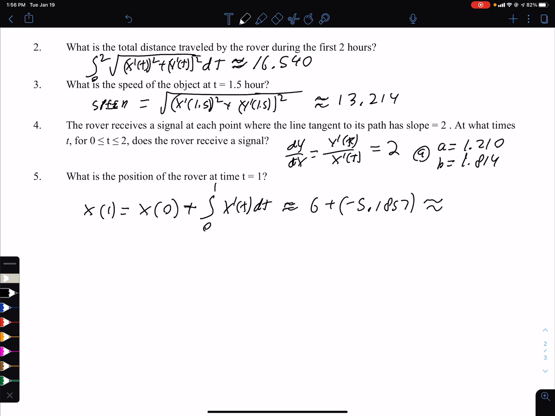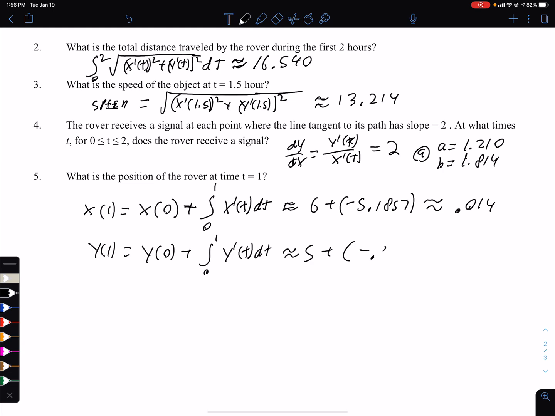So you get a final position of about 0.014. You do the same thing for the y. You take the y's starting position, and you want to calculate the change in y by integrating y prime of t dt. It comes out to be 5 plus the integral, which is negative 0.94303.